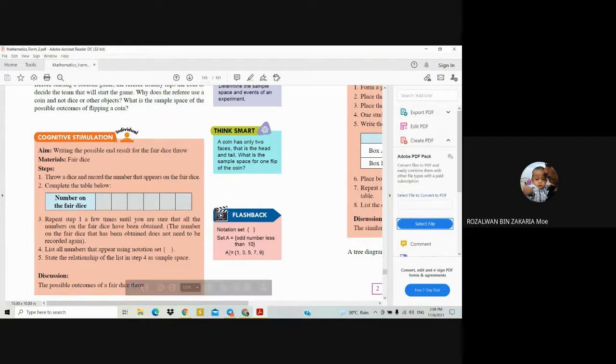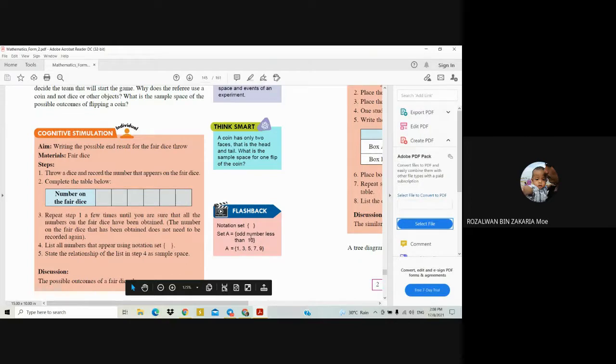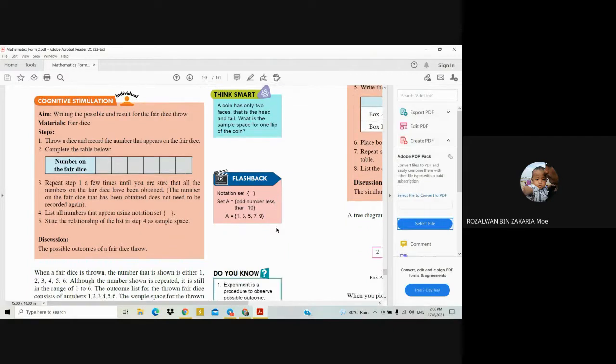So set A, you can write like this, it is equal to, notation of set, 1, 3, 5, 7, 9. These numbers we call the elements of set A. So this one you already learned in Form 1. Please remember this because we are going to use it in this chapter.